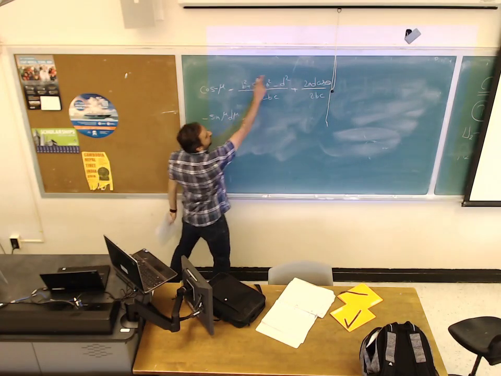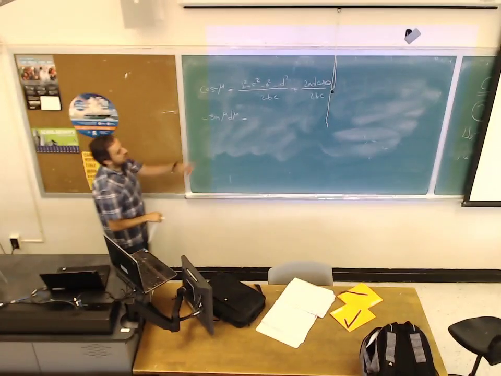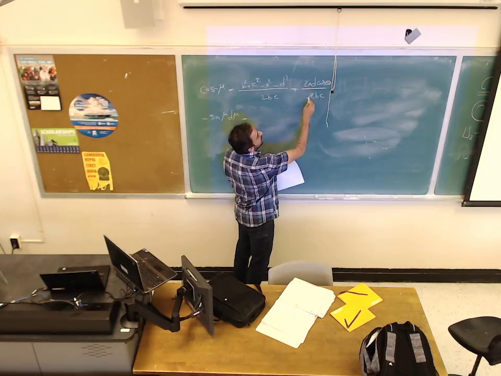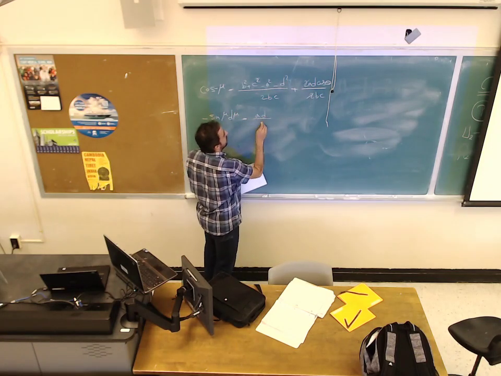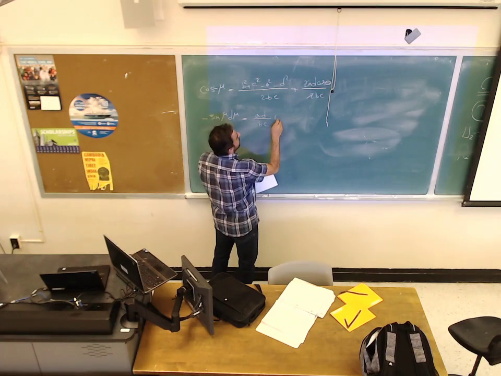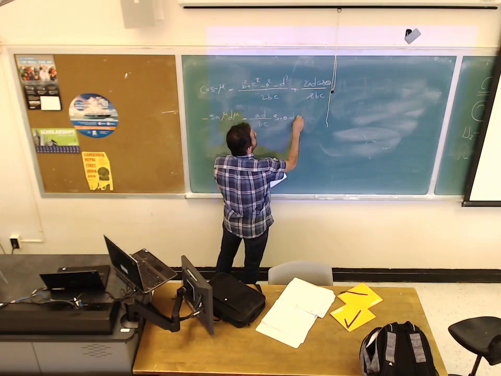So this part is constant. If I differentiate that, it's going to be 0. This part is the coefficient, ab divided by bc. Derivative of cosine of theta is going to be negative sine of theta d theta.